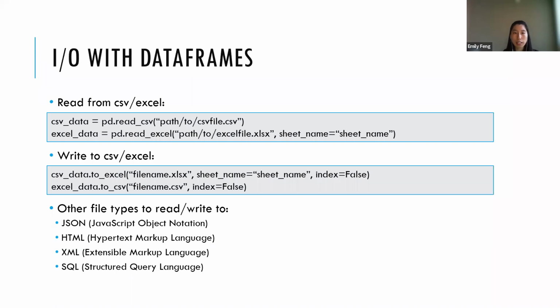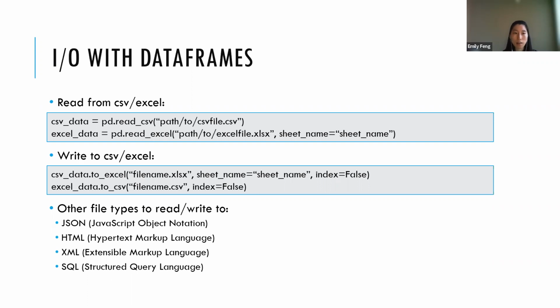Okay, working with data frames, let's talk about input-output. Usually, because data frames are quite large, we don't initialize or create them like we did with the NumPy arrays, where we actually type out the elements. We usually read from a file that already contains the data.